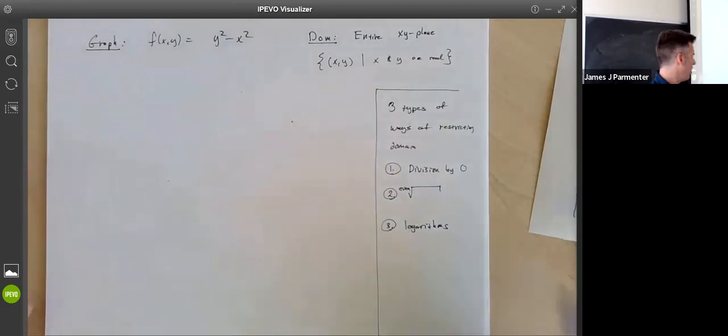So these are the three types of functions where the insides have to be handled carefully.